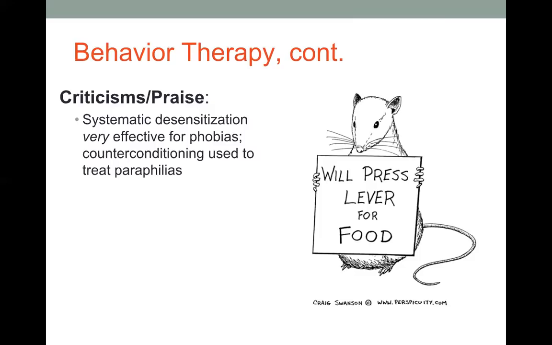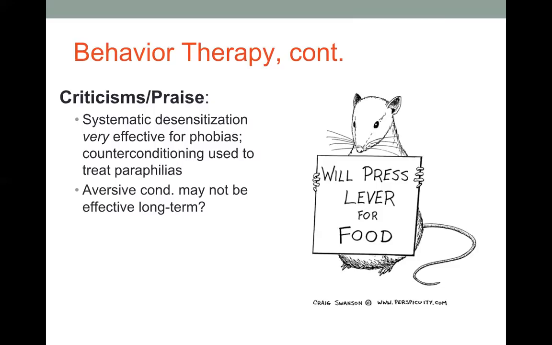Counter conditioning, particularly aversion training and aversion treatment, is used a lot to treat paraphilic conditions. The degree of effectiveness has been hard to measure because therapeutic outcomes for those folks are often hard to track. Aversion conditioning, though, may not be super effective in the long term, at least in how it's been used in substance abuse treatment.